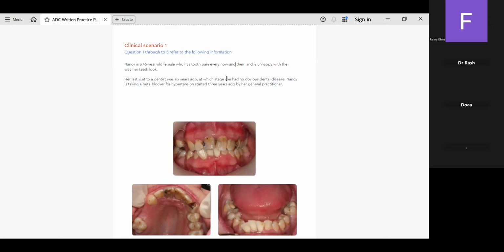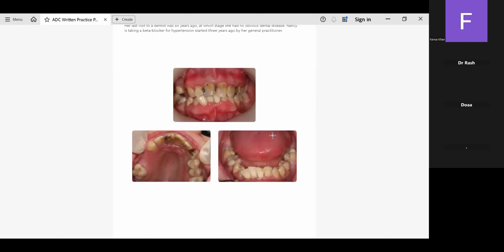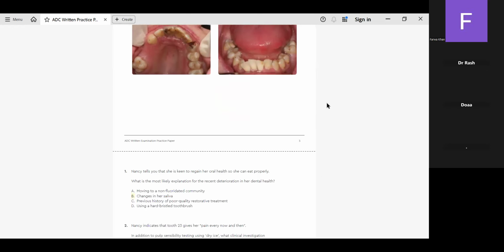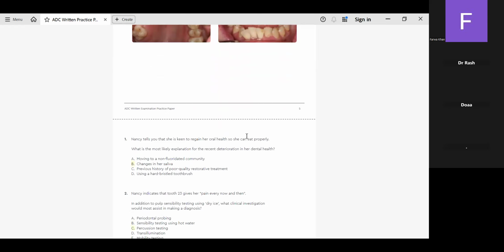So you have the first case, Nancy, a 45-year-old with tooth pain every now and then, and she is unhappy with the way her teeth look. Last dental visit was 6 years ago. No obvious dental disease. Taking a beta blocker for hypertension, started 3 years ago by her general practitioner. All right, this is the clinical picture. She is keen to regain her oral health so she can eat properly.